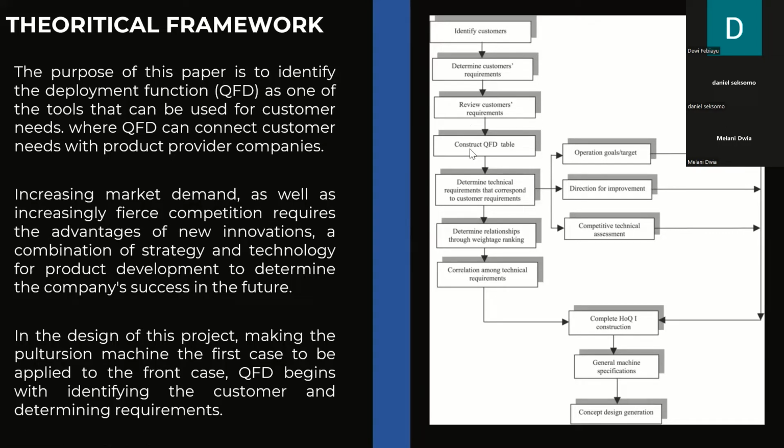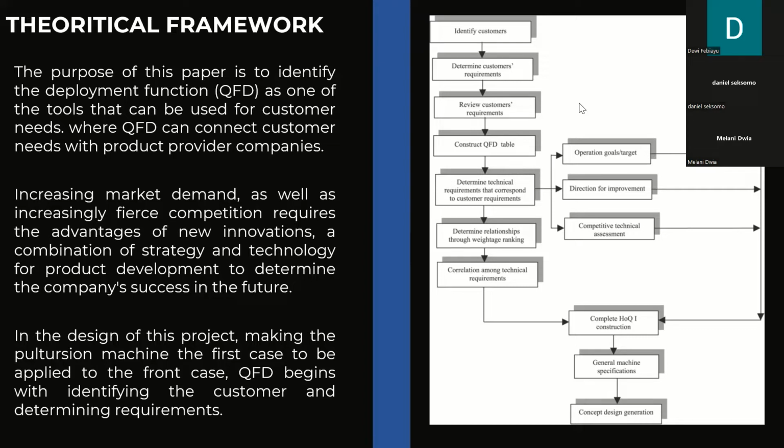With increasing market demand, as well as increasingly rich competition, the advantage of new innovation, a combination of strategy and technology for product development, determines the company's success in the future. In the design of this project, making the pultrusion machine, QFD is the first tool to be applied. And QFD begins with identifying the customer and determining requirements.